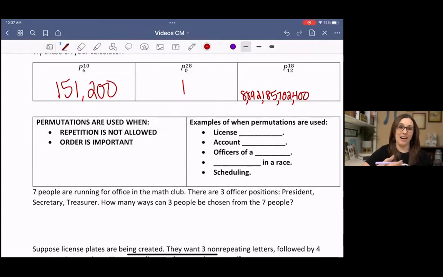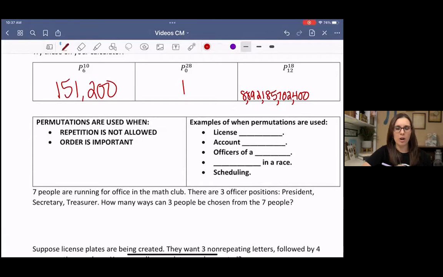Or if you got second place or third place or fourth place, that place matters. It's not like, oh, top 6, it doesn't matter that you got first, we'll put you in 6th place. You'd be like, no. So in situations where order is important, we're using permutations.